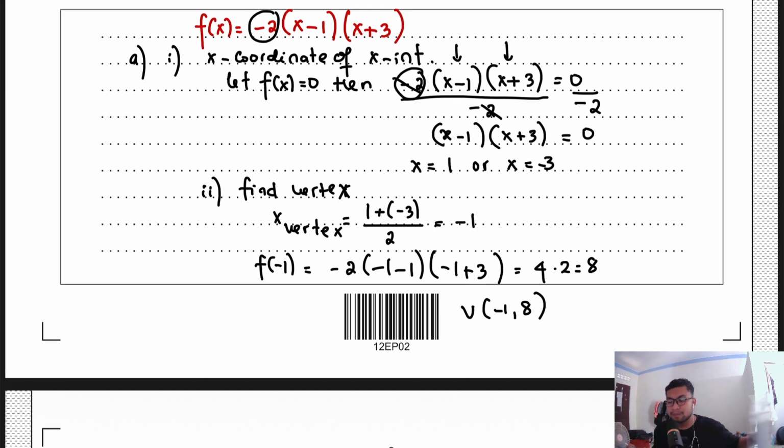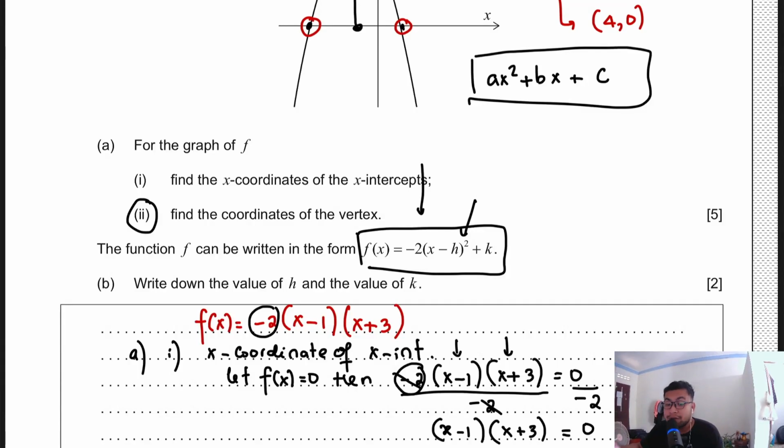You understand? Are you sure? Let me recap. There are 3 ways of finding the vertex. First, if the function is given in general form like this, you must find the x of the vertex. It can be found by x equal negative b over 2a. You got it?